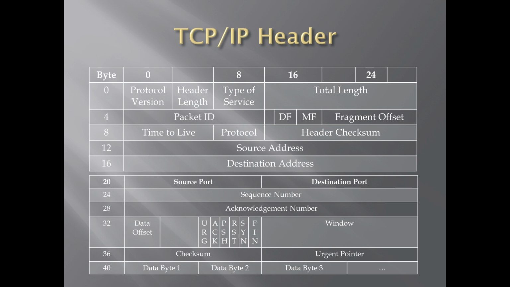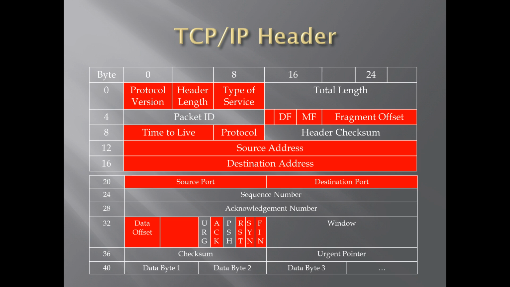Here we have the TCP/IP header pair. As you can see, there's 40 bytes of data that need to be sent. All of this data is sent initially. Once a connection is established, however, the items in red do not change.